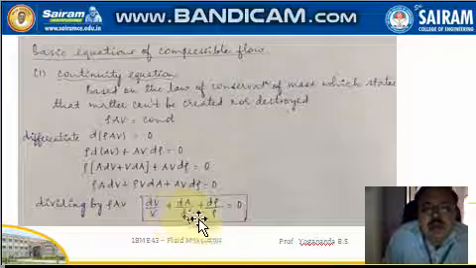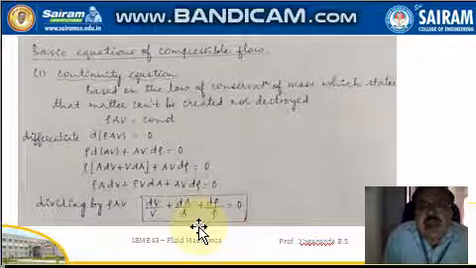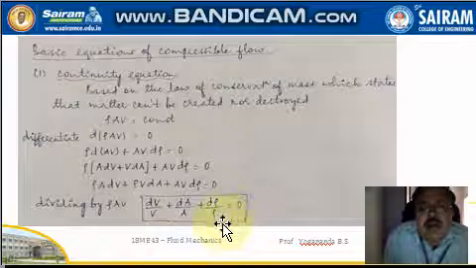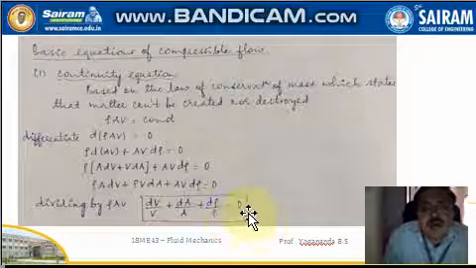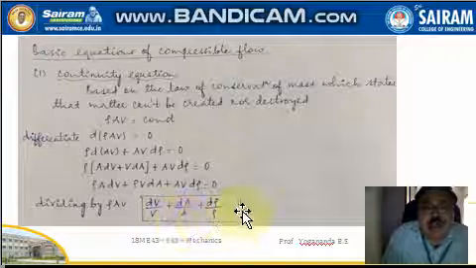So we have dV by V plus dA by A plus d rho by rho is equal to 0. This is the equation of continuity.